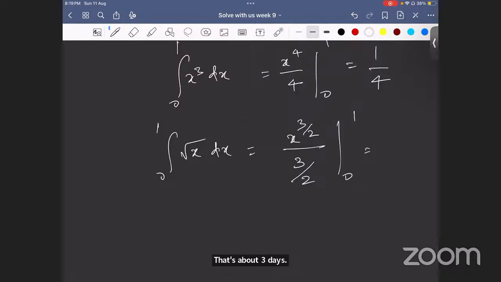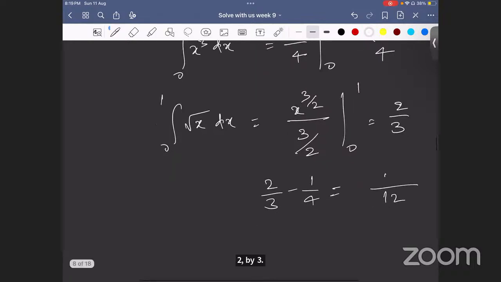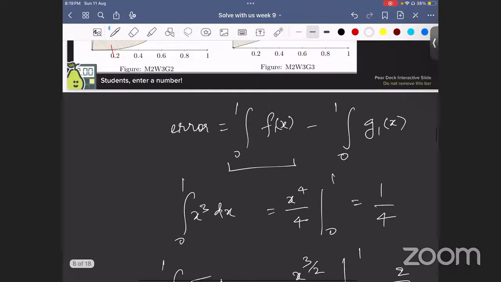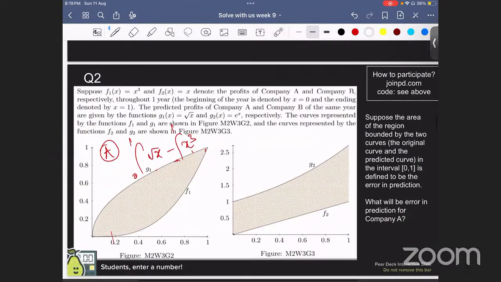You'll be left with 2/3. You calculate it to 2/3 minus 1/3. Anyone is having any issue in this? No, right? This was simple.